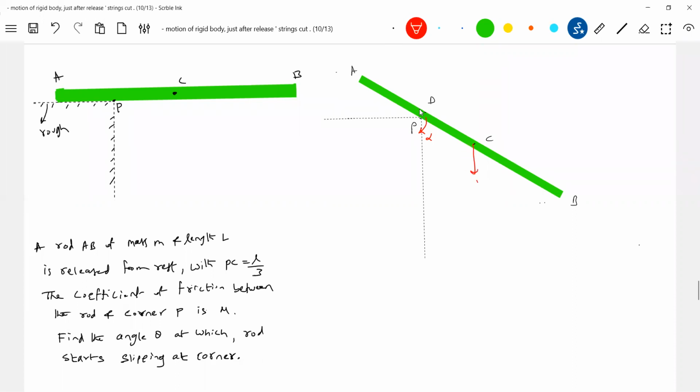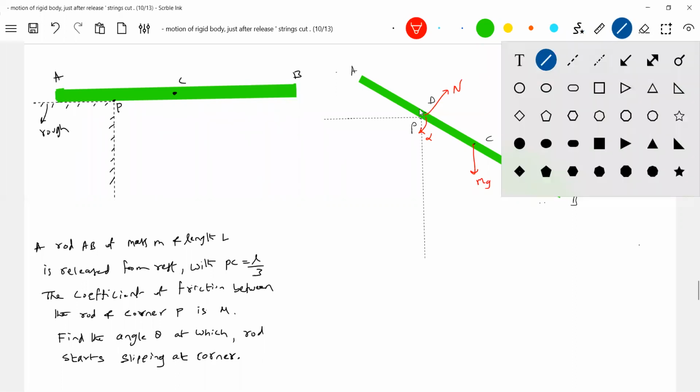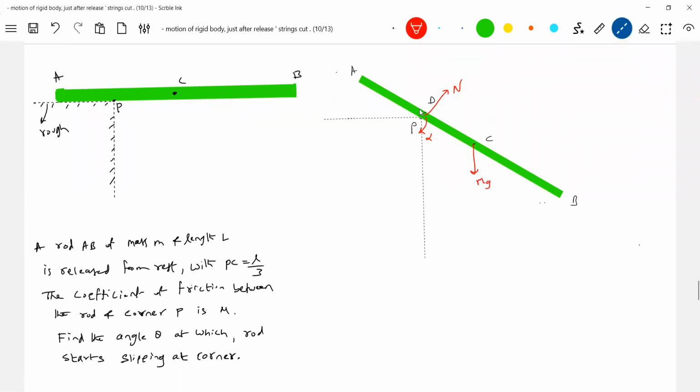First I'll show the forces. The normal contact will act in this direction. Just write N, that will be sufficient. Now let this angle be theta. We know the distance PC is given equal to L by 3.